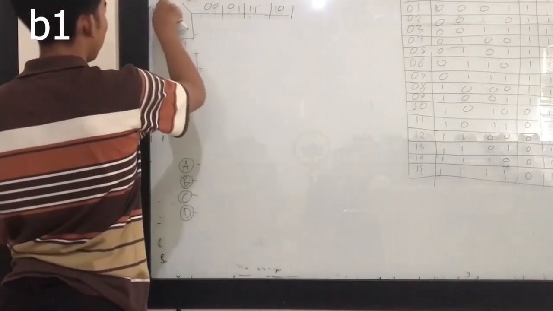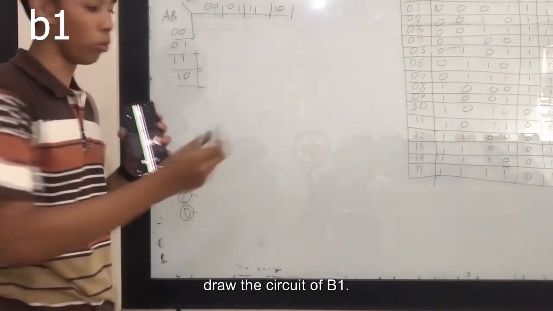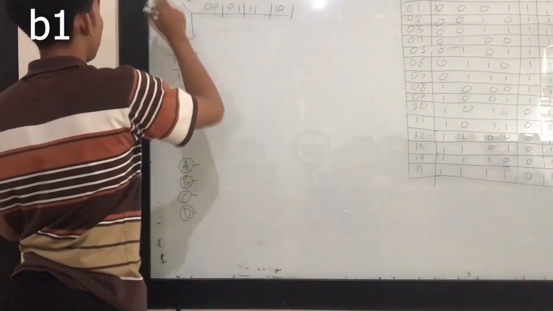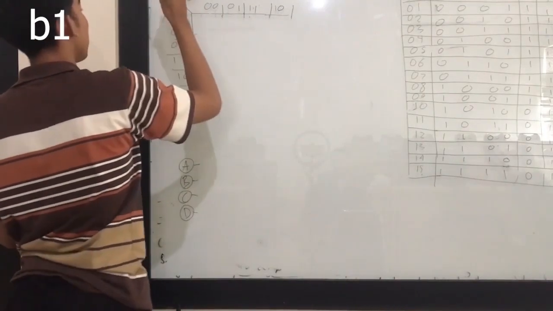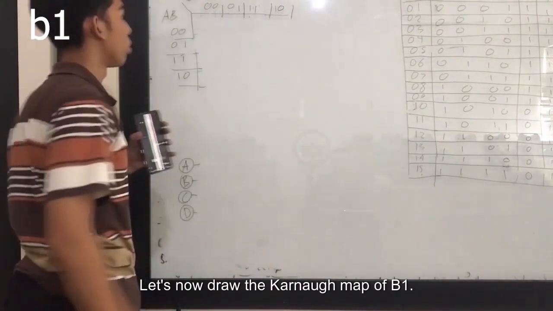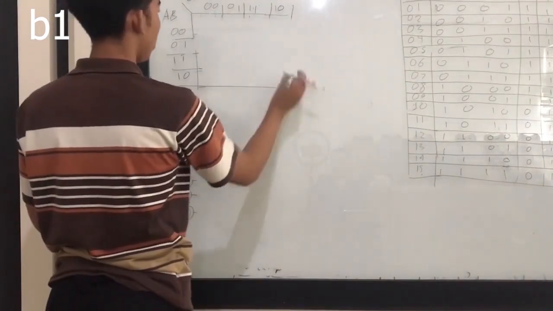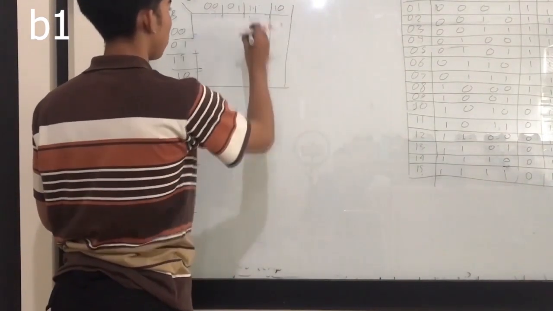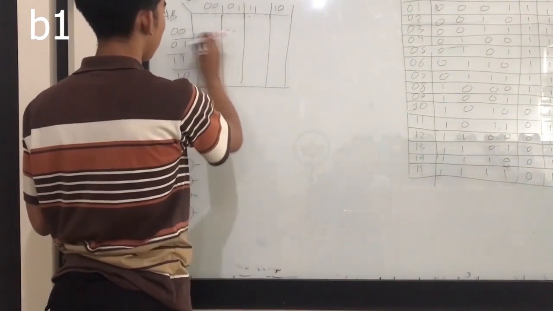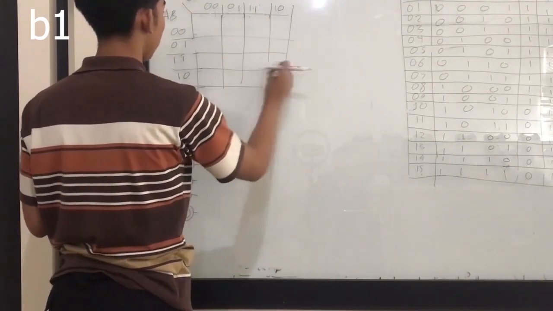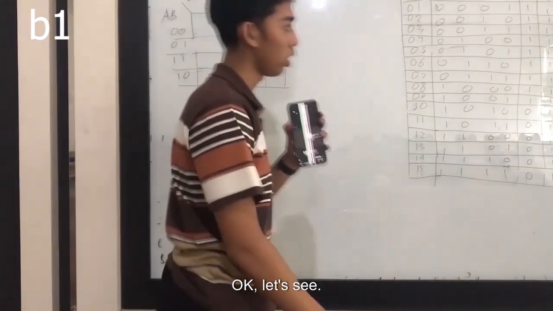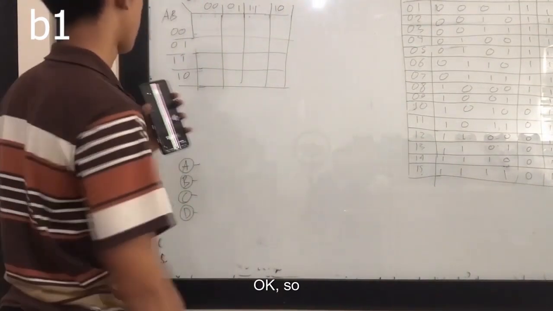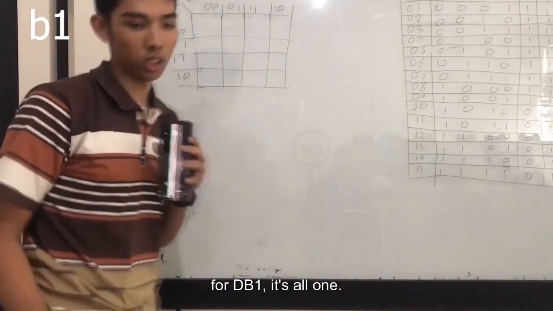Let's now draw the Karnaugh map of B1. Okay, for B1, it's all 1.